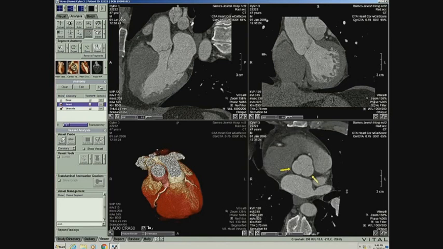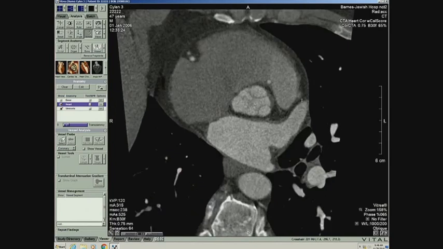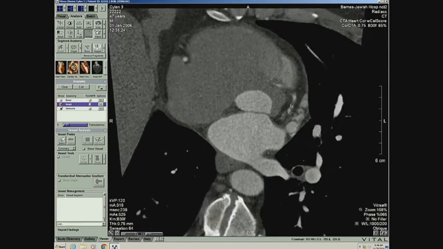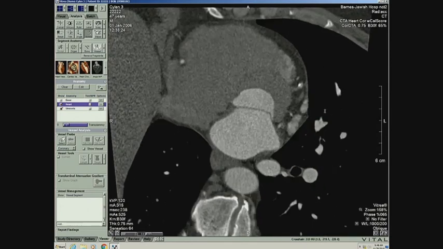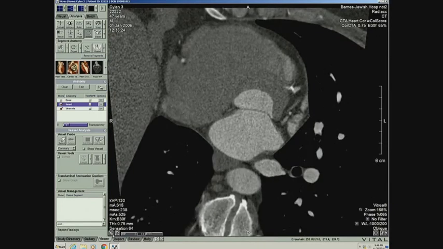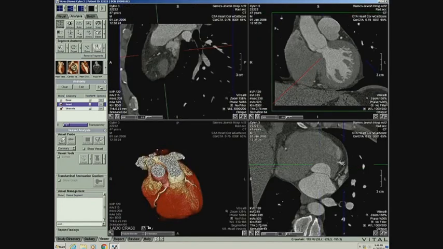Looking at it, it seems like it's going downward. And I'm going to blow this up. You can see that it's surrounded by myocardium, going in the septum here, and then it reemerges here in the anterior interventricular groove. So this would be the septal variant.